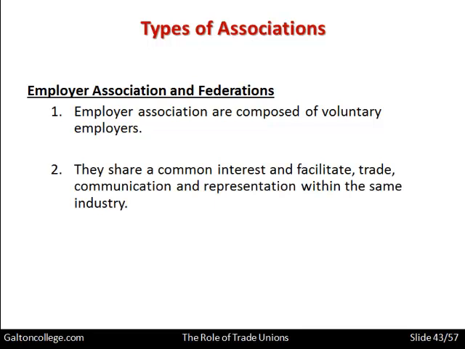However, they do share common interests and facilitate trade, communications and representation within the same industry. It's a good idea for employers to get together if they are trying to promote the area, promote that part of the country, promote industry in the area, promote training and perhaps economic development, trying to build up the infrastructure of the area, and because workers will benefit as well.